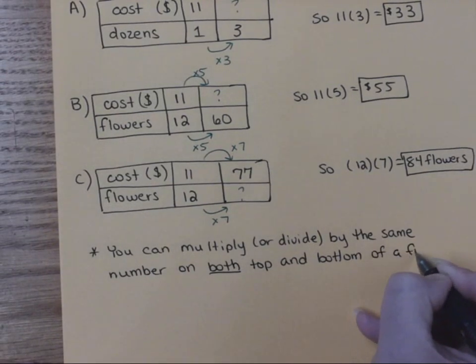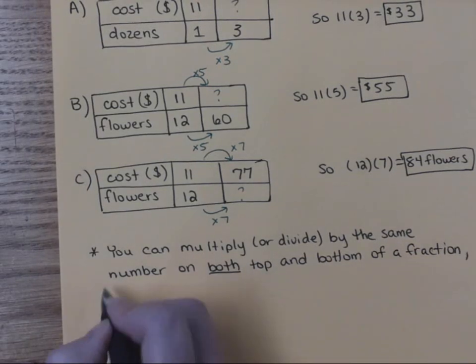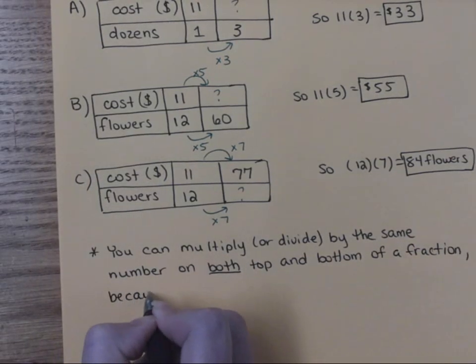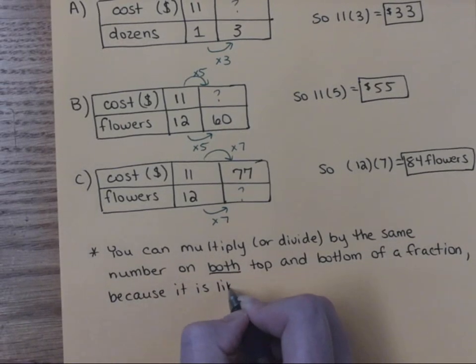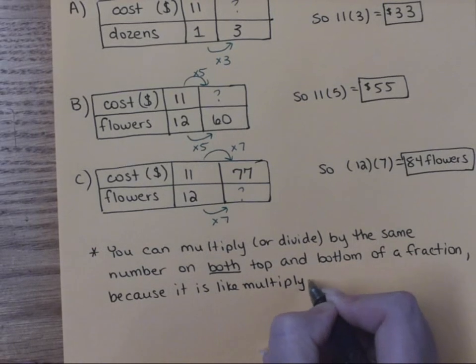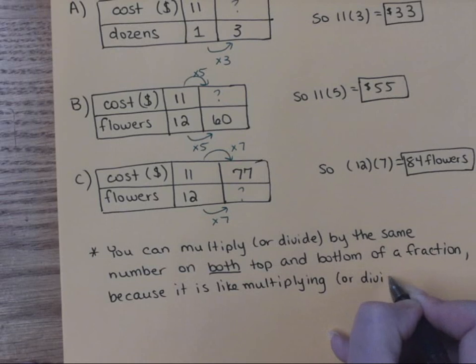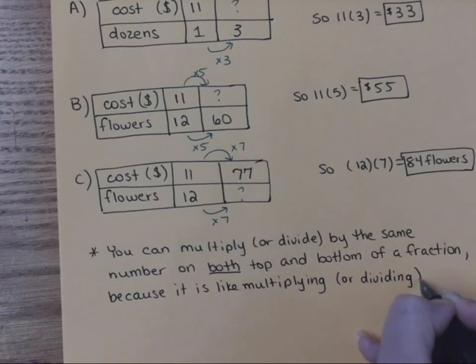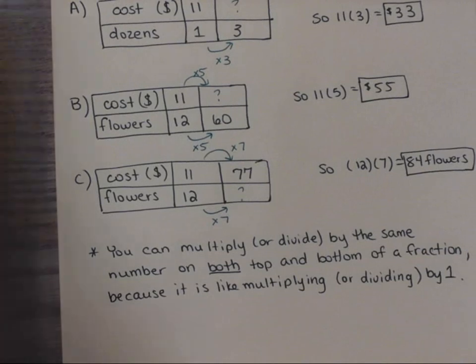And hopefully you remember why we're allowed to do that. Okay, if you multiply by 3 over 3, for instance, it's because you're just multiplying by 1, right? And if we multiply something by 1, it doesn't change anything. So it's just like you're multiplying, or in the case of division, just like you're dividing by 1. In both cases, that doesn't change our quantity at all.